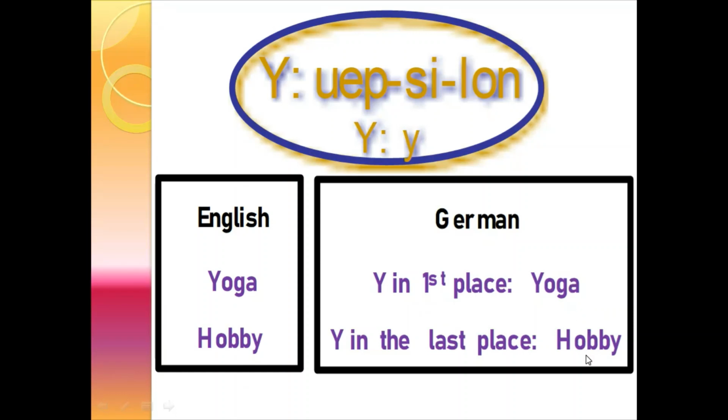Please note from these two examples, yoga and hobby, that these are English words used by the German language without a change in writing or even in their meaning.